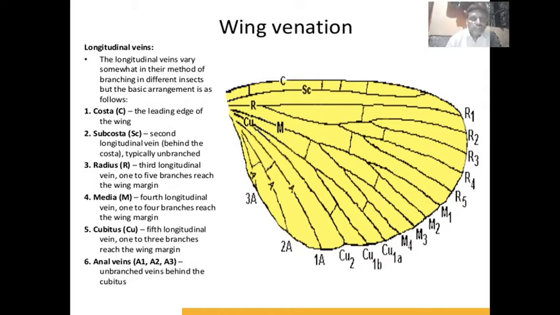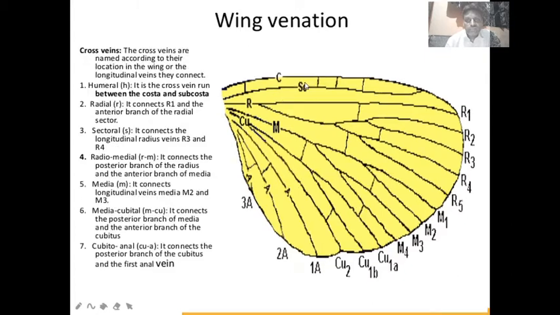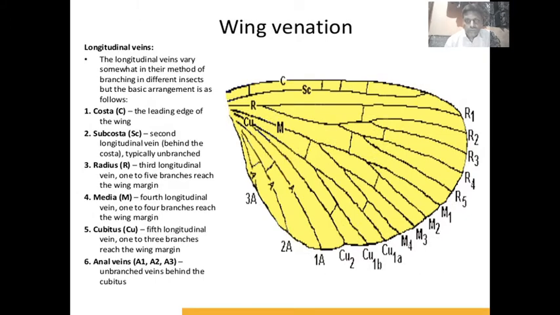The longitudinal veins: you can see many longitudinal veins, 1, 2, 3, 4, 5, 6. You can see six types of longitudinal veins. They are named costa, subcosta, radius, media, cubitus and anal veins.